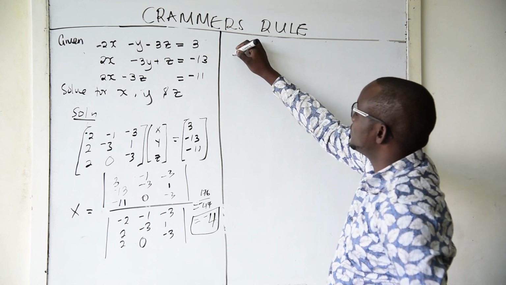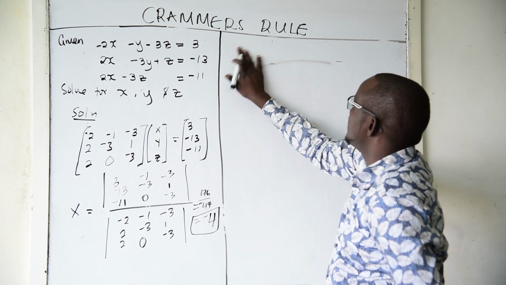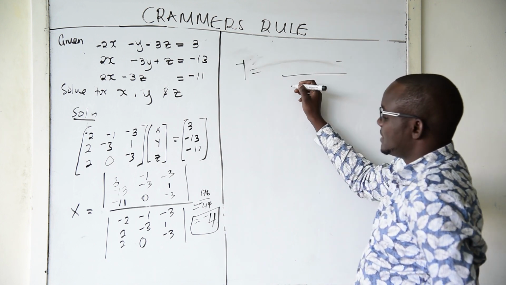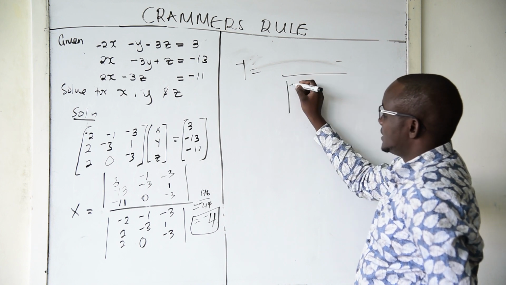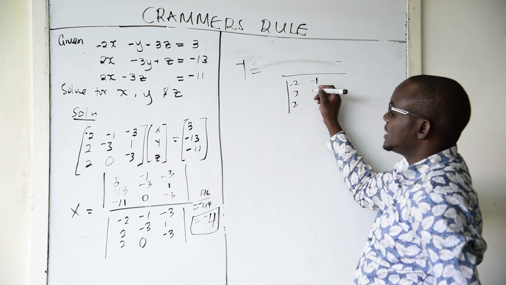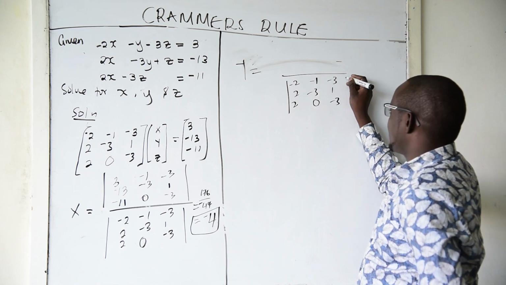To get the value of y, we maintain the same denominator: negative 2, 2, 2, negative 1, negative 3, 0, negative 3, 1, negative 3.